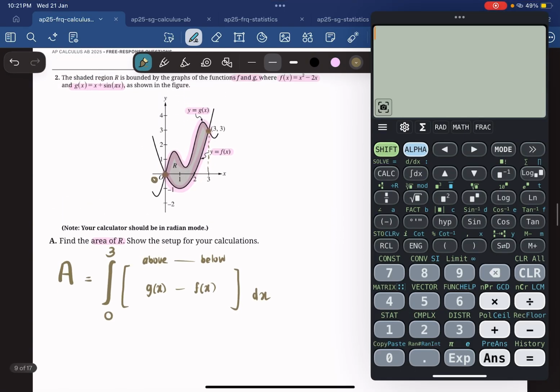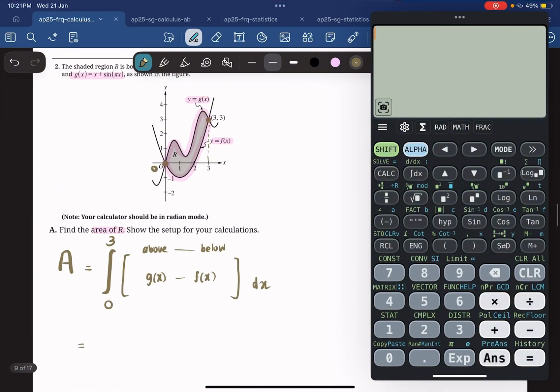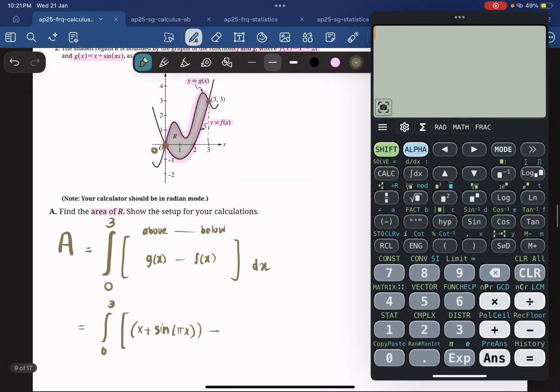So you showed your setup, so you don't need to write more details, but you can if you want to. You can say that's equal to the integral from 0 to 3 of g of x, which is x plus sine pi x, minus f of x, which is x squared minus 2x, dx.